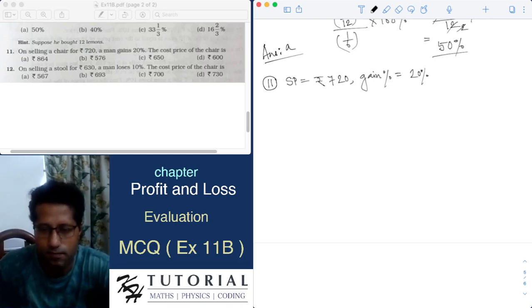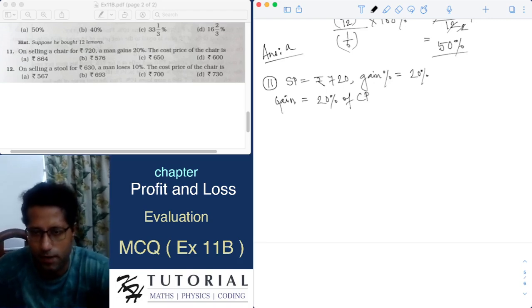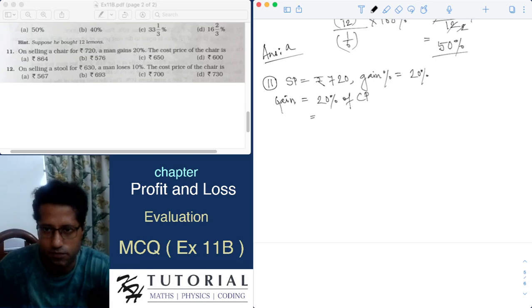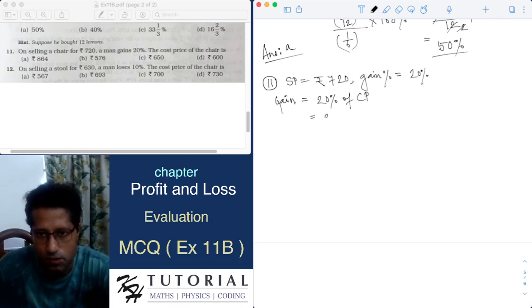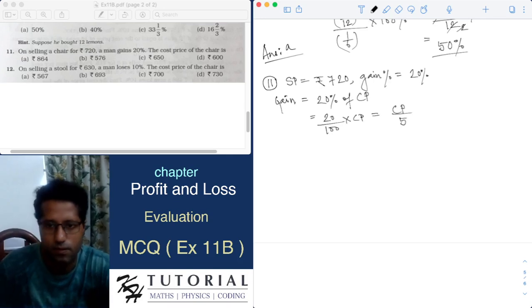If there is a gain, gain is 20% of CP. This is CP, we do not know. So this is 20 by 100 multiplied by CP. This is CP by 5.